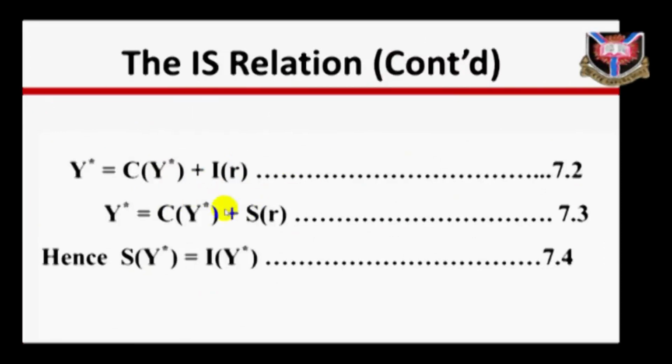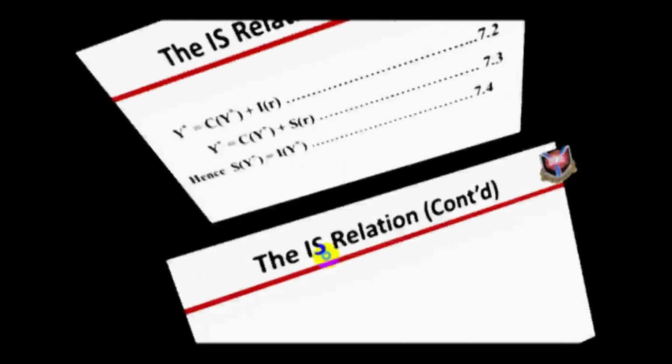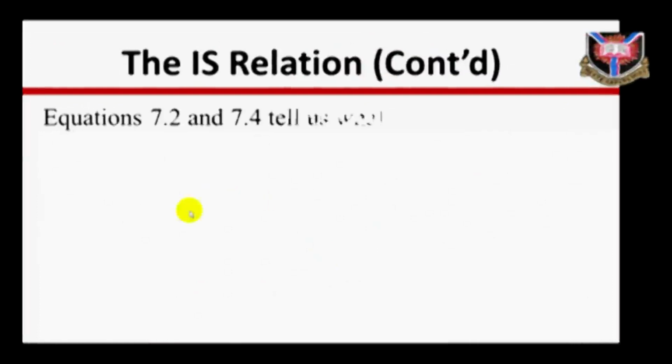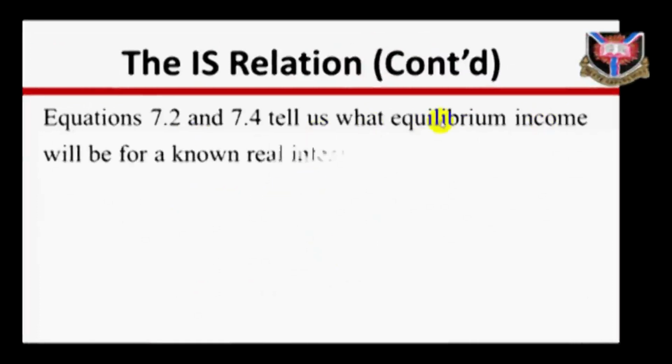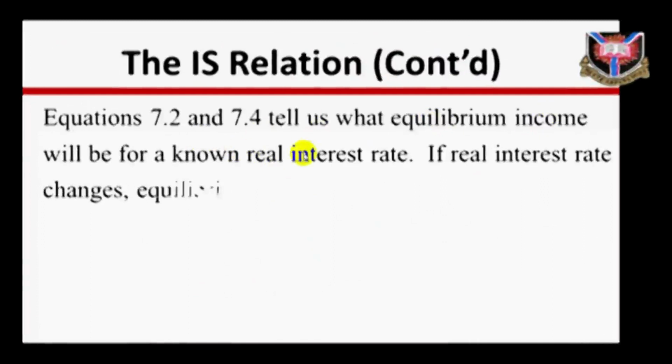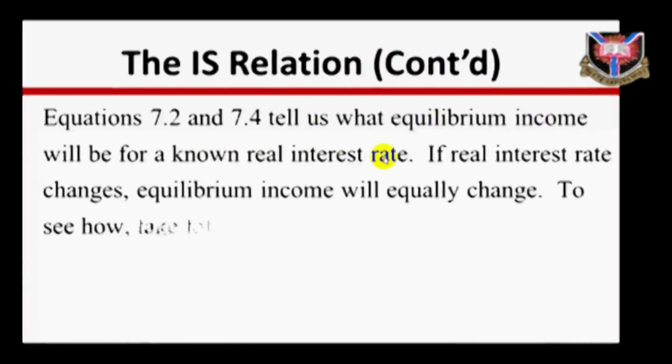Y asterisk equals C of Y asterisk plus S of R. That is equation 7.3. Hence, S of Y asterisk equals I of Y asterisk. That is equation 7.4. Equations 7.2 and 7.4 tell us what equilibrium income will be for a known real interest rate.